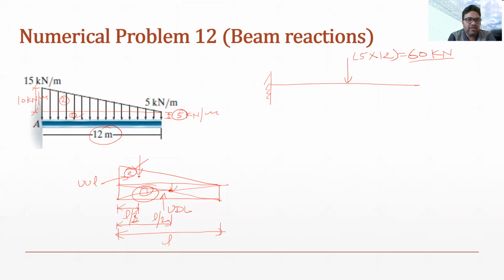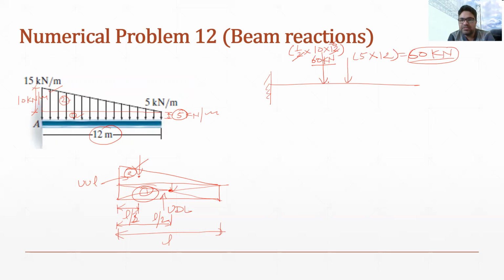Similarly, we will calculate the second one. This value will be half into 10 multiplied by 12, so this value will also be 60 kilonewton. This 60 kilonewton is because of the triangular part 2, and the other 60 kilonewton is because of the UDL, part 1.